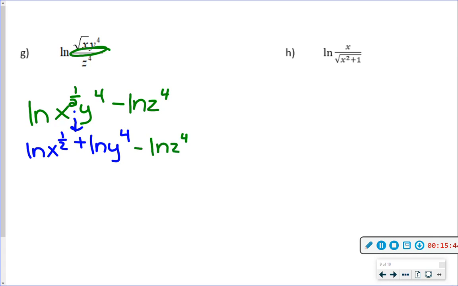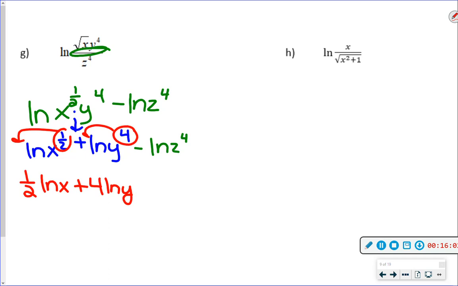Last thing. Almost done. Last thing, of course, according to our directions, you can't have those exponents, so I'm just going to drop those down. So I'm going to make it 1/2 ln x, plus 4 ln y. And I know some of you might combine some of these steps, I'm just doing it step by step for your notes. And minus 4 ln z.